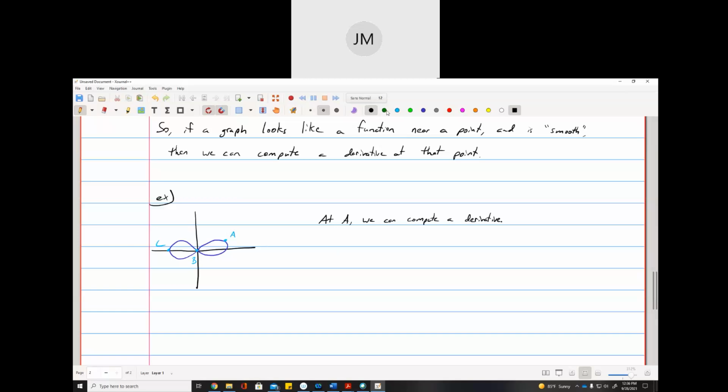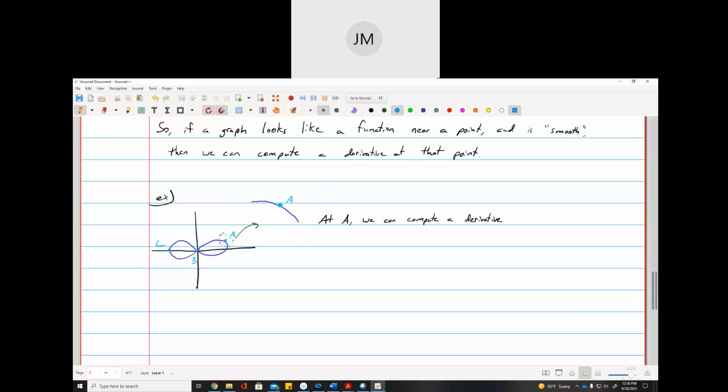If I were to zoom in around the point A, and we'll just pretend that I've zoomed in, then my graph looks like just some curve that looks like a normal piece of a function, with my A living on it, and that's fine.